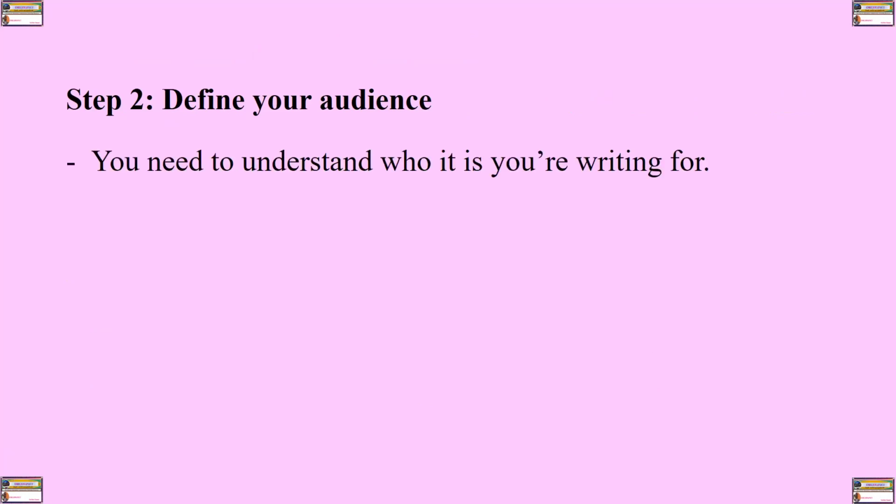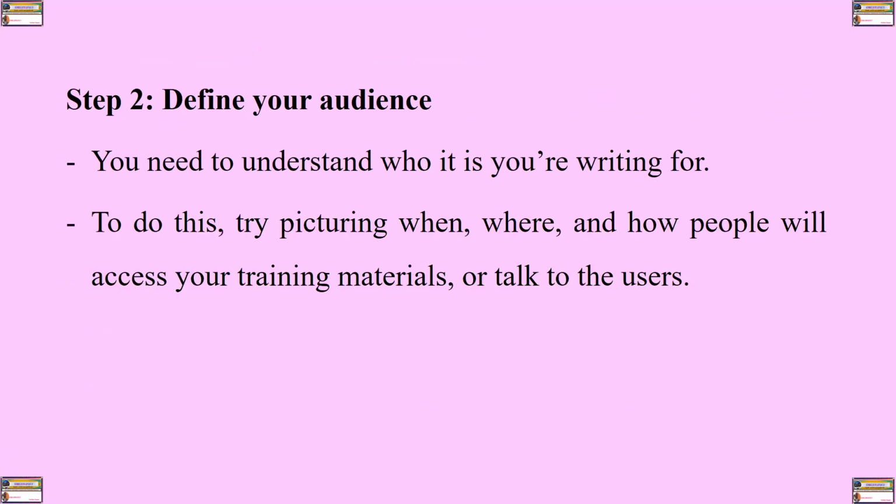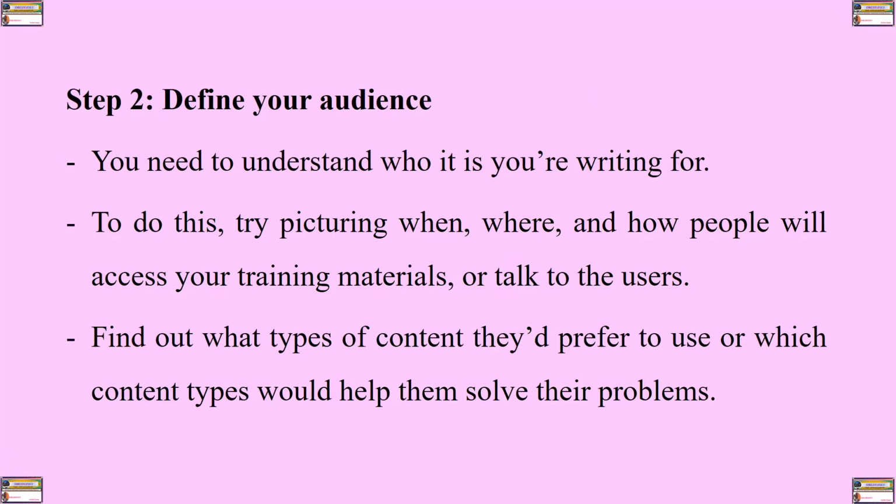Number two is define your audience. You need to understand who it is you are writing for, or you want to train. To do this, try picturing when, where, and how people will access your training materials or talk to the users.